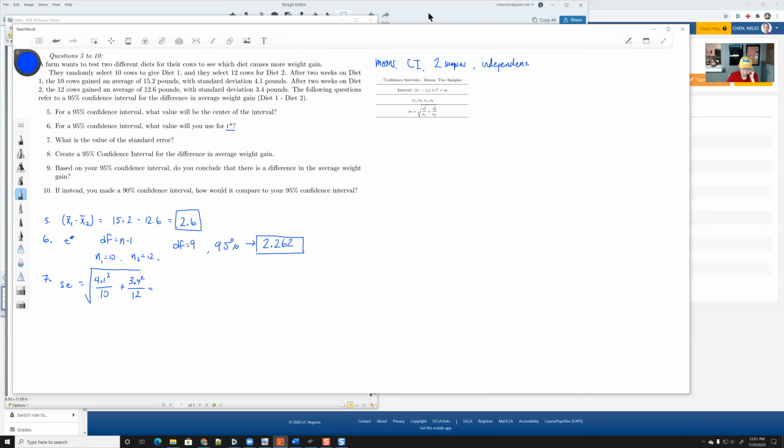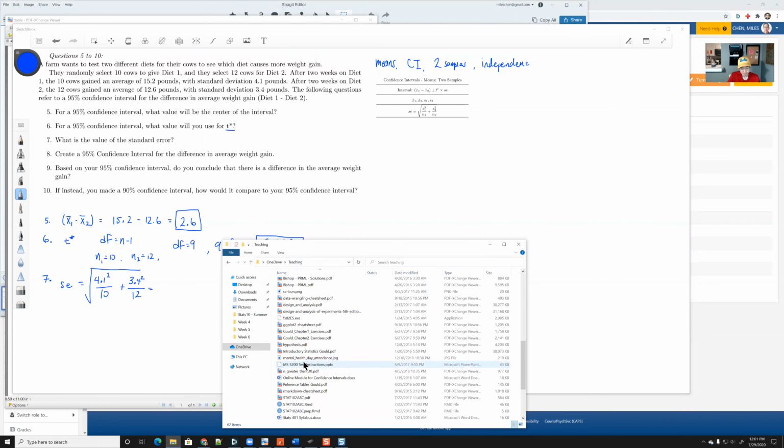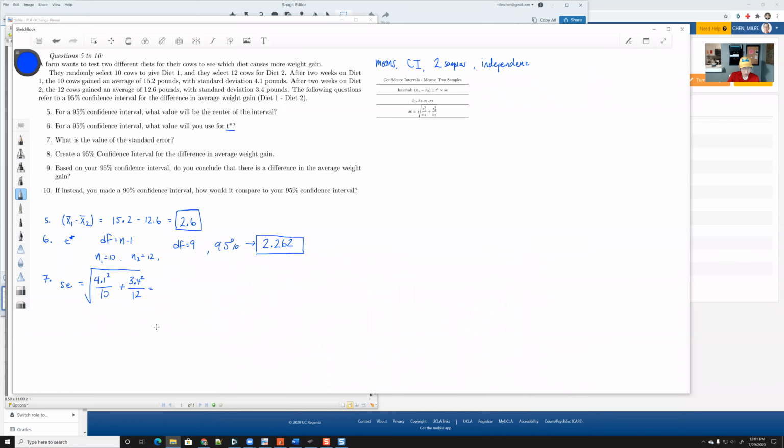Okay, so let me get my calculator out. All right, I don't know what happened. My computer is stuck.